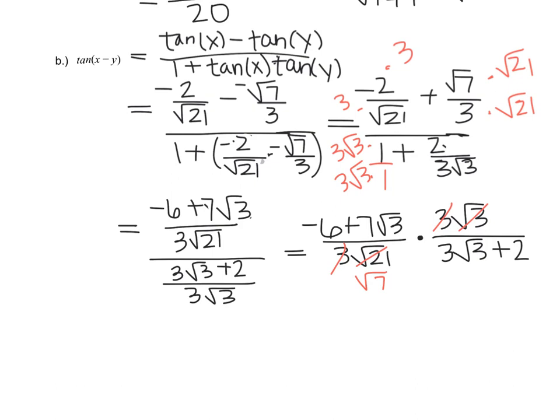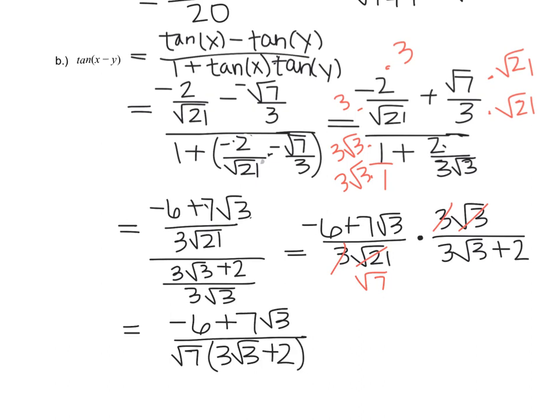So we are going to end up with negative 6 plus 7 radical 3 all over radical 7 times 3 radical 3 plus 2.